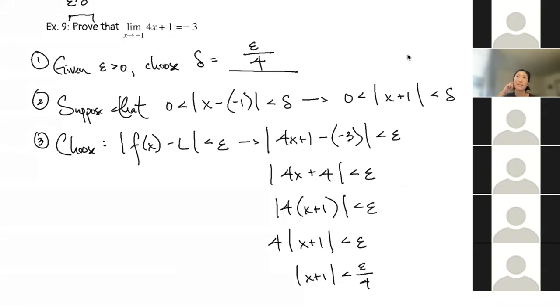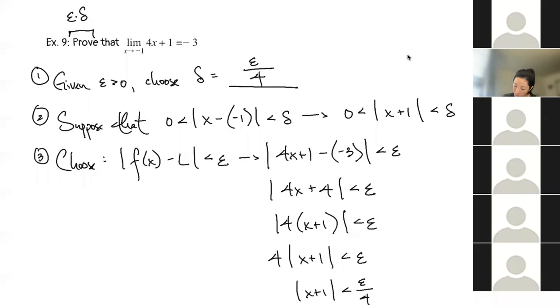Would we like to see one more example where it does work, or would we like to see an example where it does not work? Okay, cool. So we're going to go back to example 8, okay? All right, so prove that the limit as x approaches 2 of 5x minus 4 is not equal to 3.